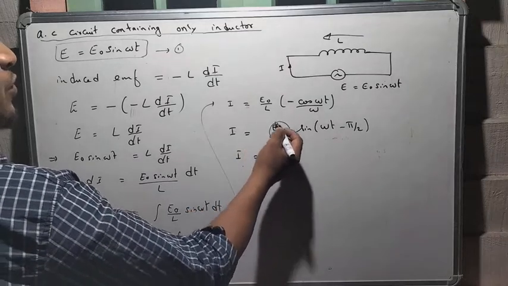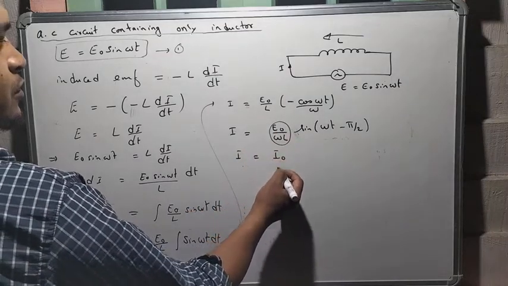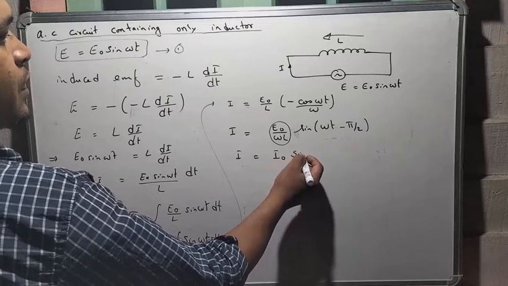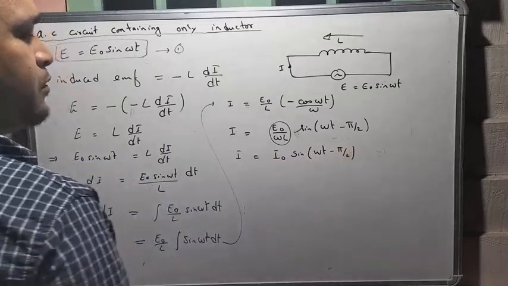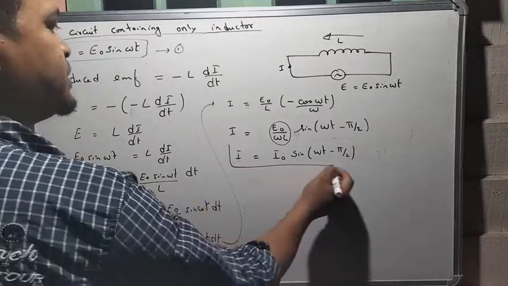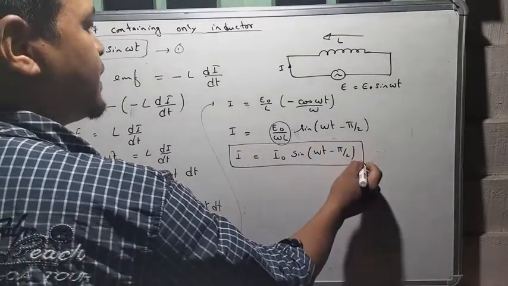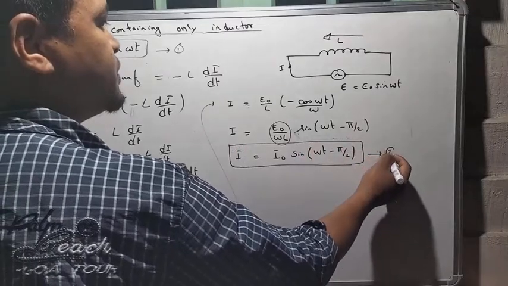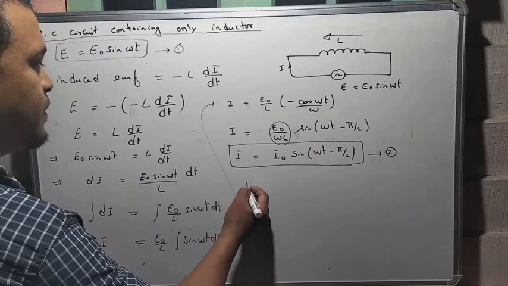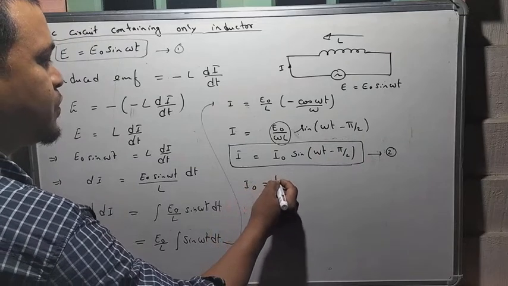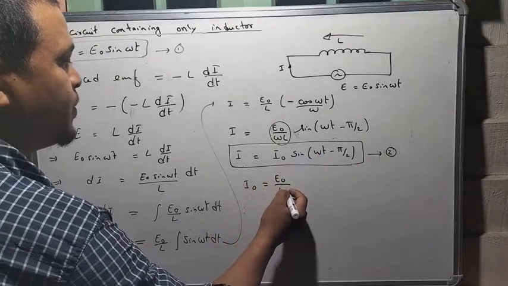I will replace this constant by another constant, I naught. So this is the equation for the current at any instant of time t. How much is I naught? This I naught is equal to E naught upon omega L.